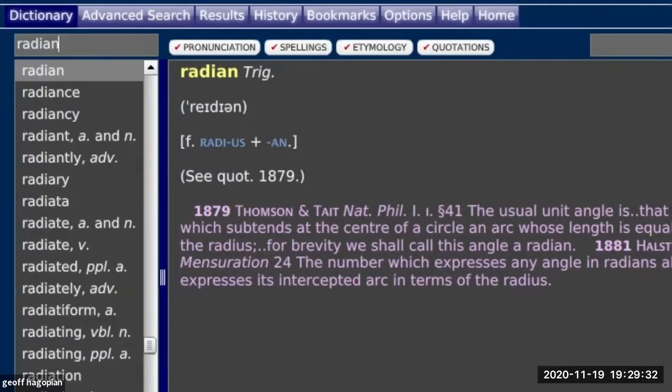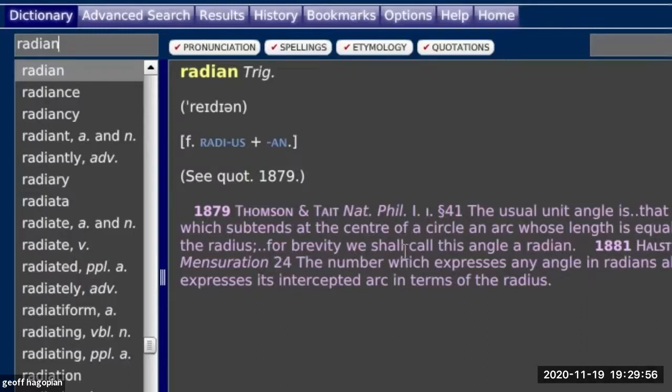Okay. Notice that the reference is in trig. And they say the usual unit angle is that which subtends at the center of a circle an arc whose length is equal to the radius. So they're talking about 1 radian, right?